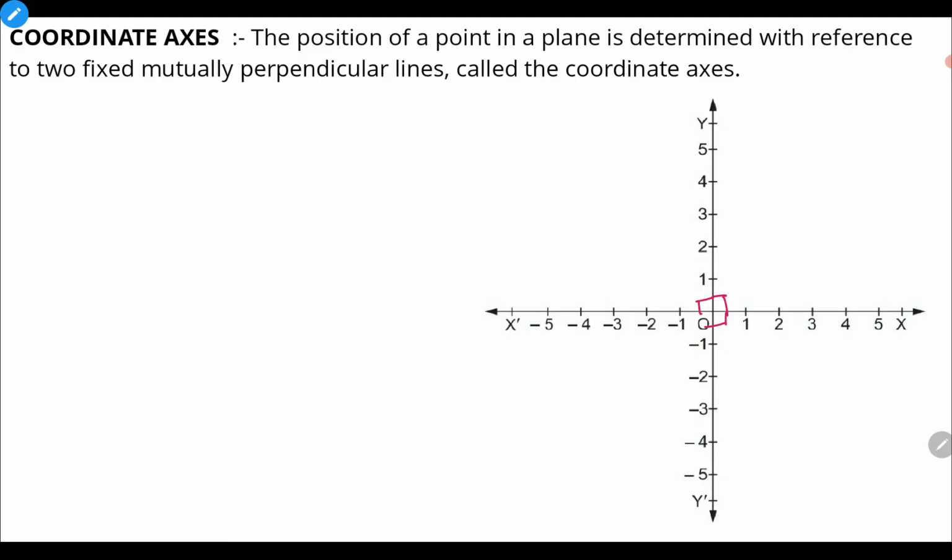These are called coordinate axes. Okay, and your coordinate geometry is basically a combination of algebra and geometry. You are solving geometry problems using algebra on coordinate planes. Okay, using coordinates. So the name is coordinate geometry.